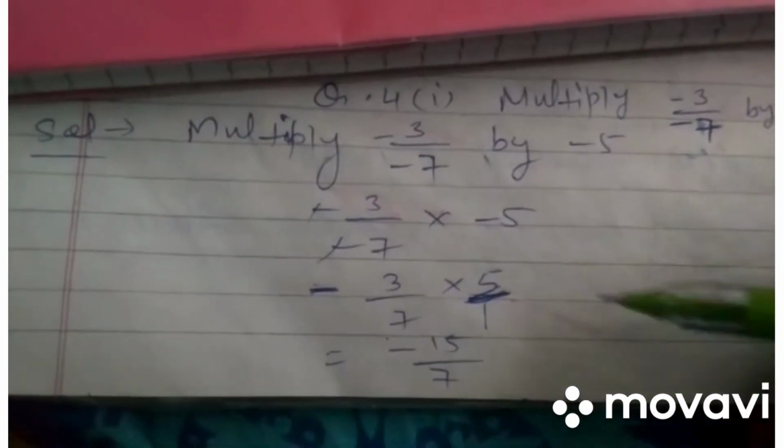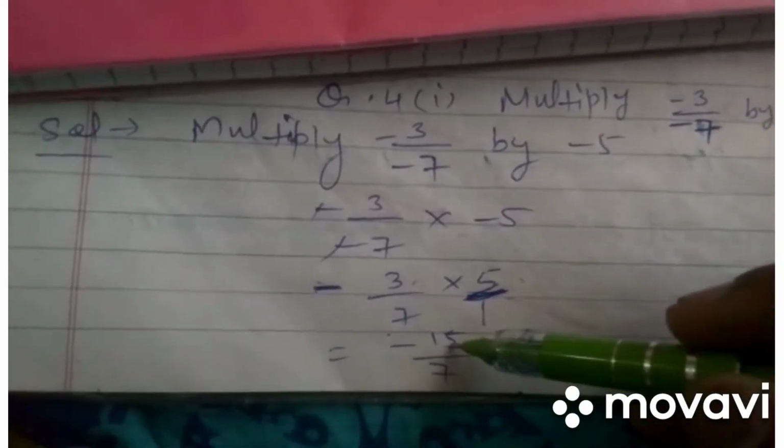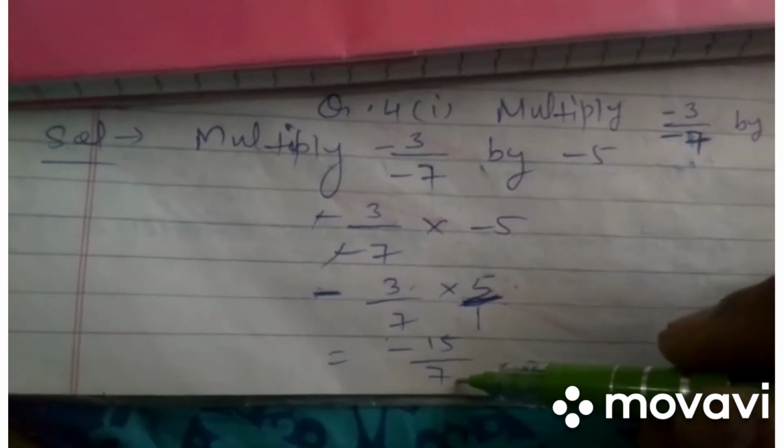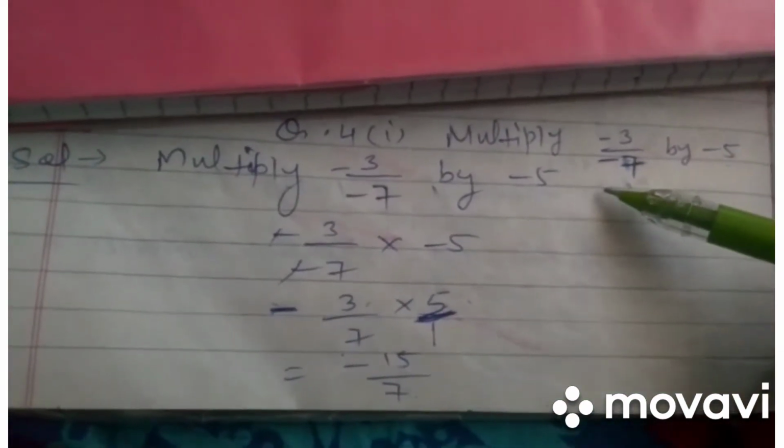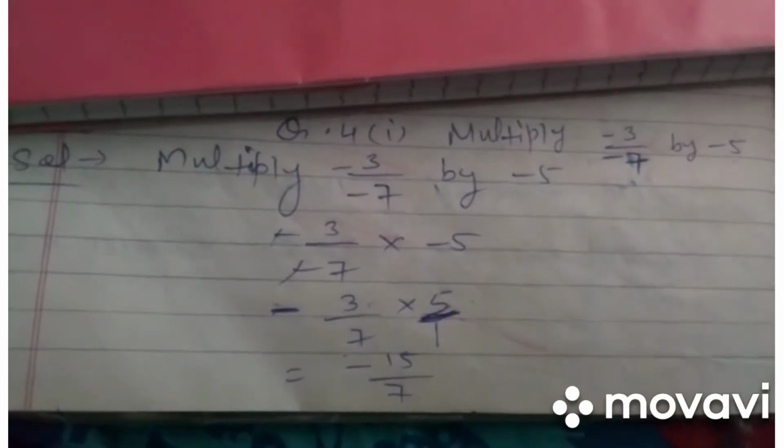So now minus 3 multiply 5 will be minus 15 upon 7. Now this is the solution of question number 4 first part exercise 2.8. Question 4 second part you can try yourself with the same procedure as we have done question 4 first part.